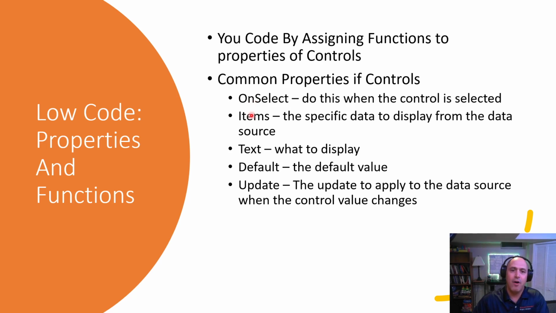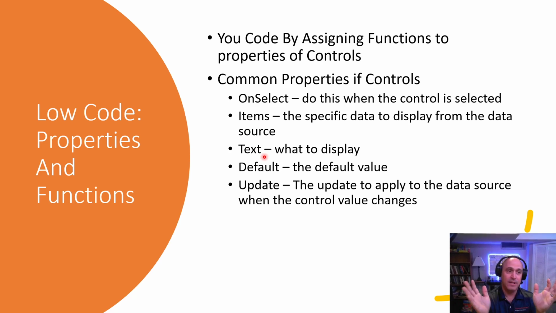And then you have items, and items choose what displays from the data source. So you have an items property on a drop-down list because it displays many things. You have an items property on a gallery because that displays many things. But there isn't an items property on a text box because it only displays one thing. Text is what should be displayed.